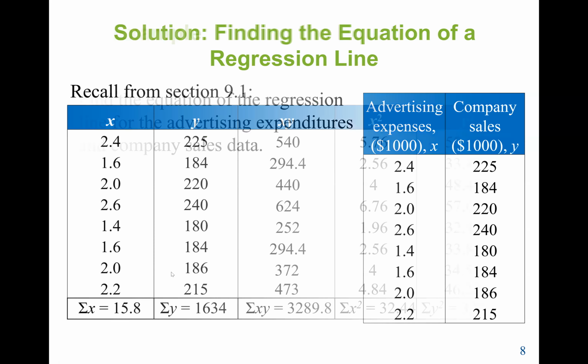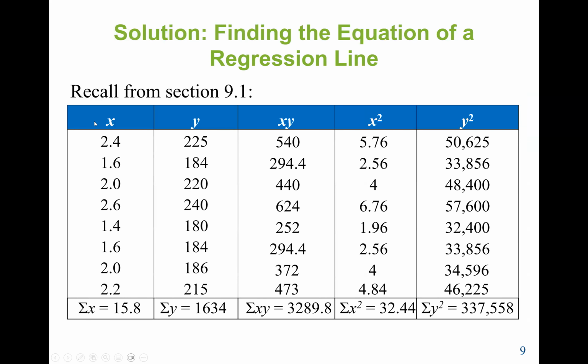The expenses will be our independent variable, our X, and the company sales will be our Y value, because based on the amount the company spends on advertisement, we may know if it will affect the sales or the revenue that the company generates.